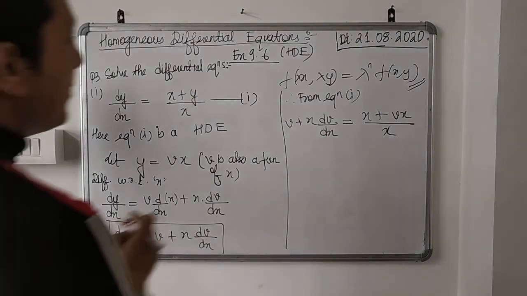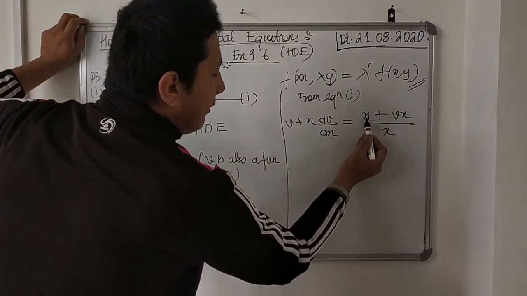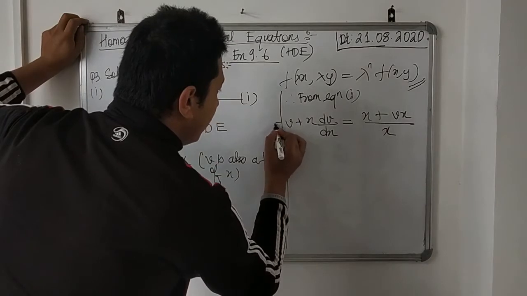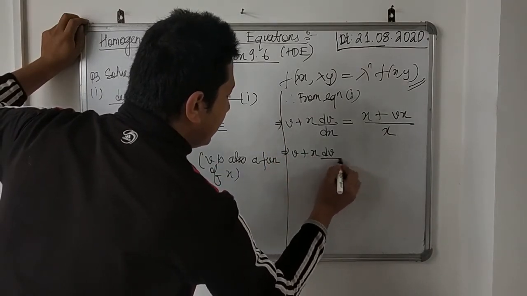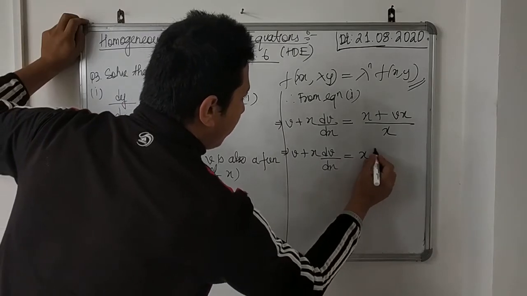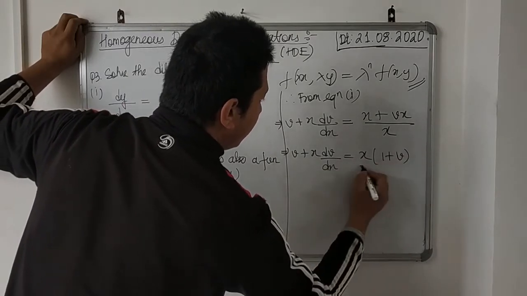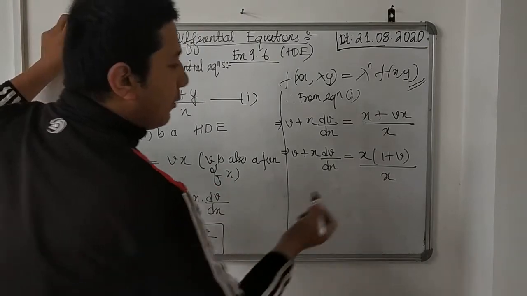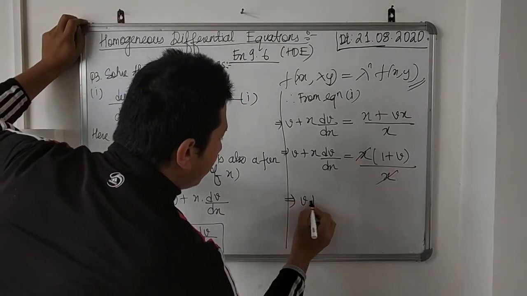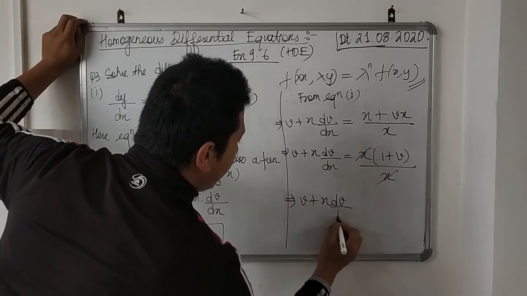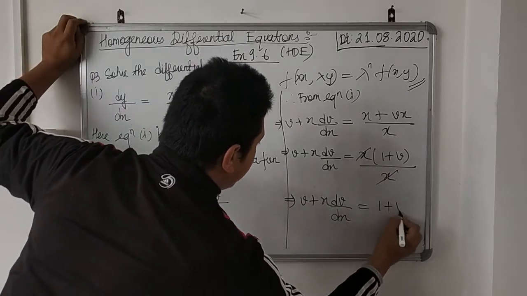So now in the right hand side we can take x common. So this implies v plus x dv by dx equals x times (1 plus v) divided by x. So x and x get cancelled out. Therefore we will be getting v plus x dv by dx is equal to 1 plus v.